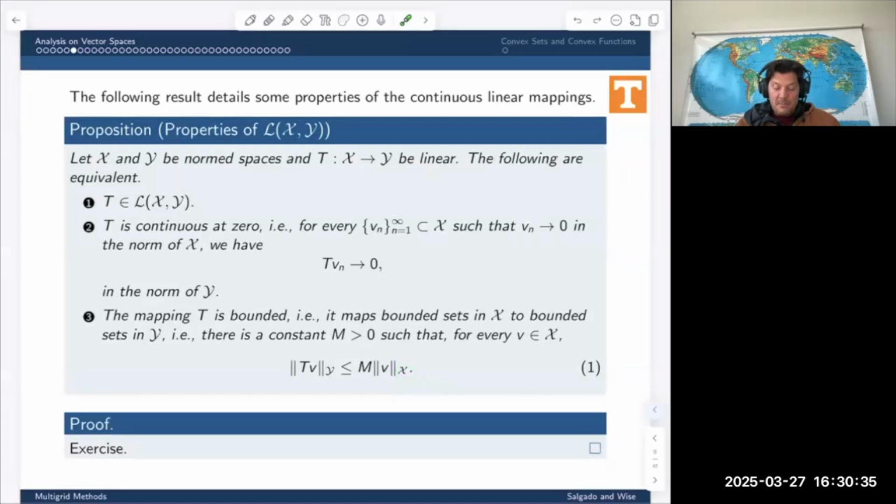This is what we mean by bounded. So these three things are entirely equivalent. Being bounded is essentially the same as being continuous for linear maps. Bounded and continuous are the same thing. That's the important takeaway from this result.